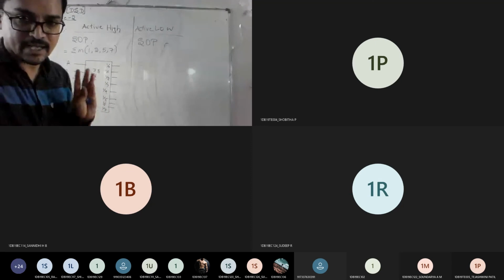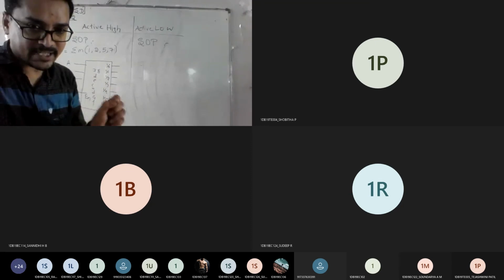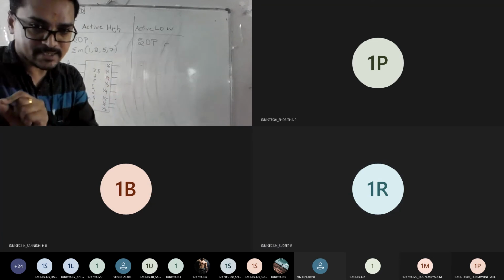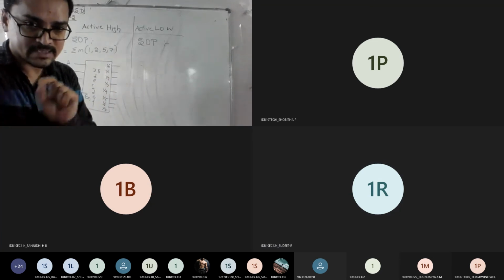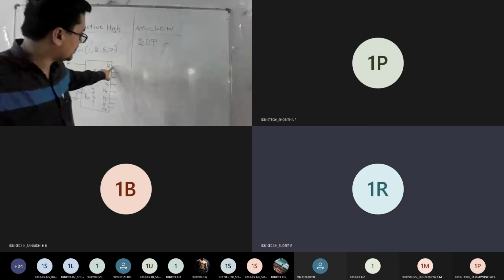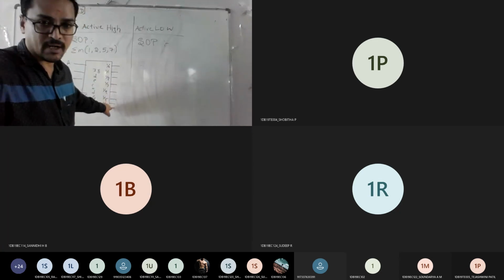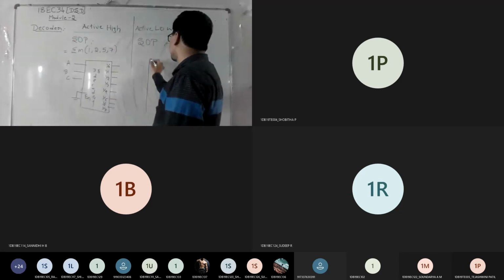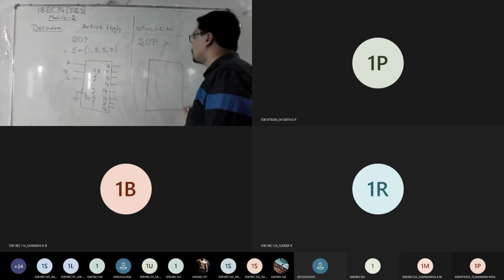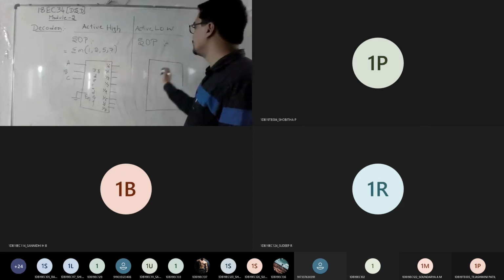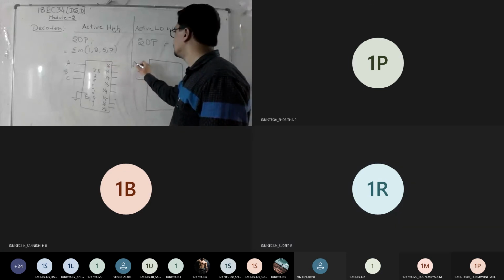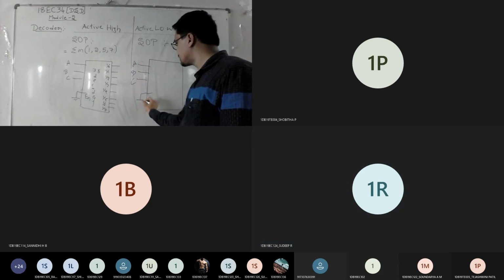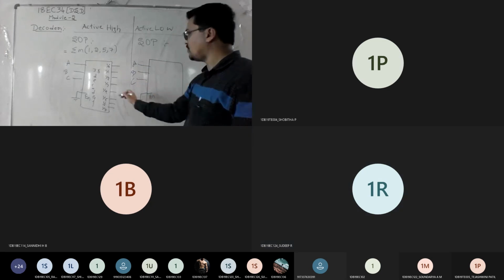If it is an active low concept, or implement using 74138 3:8 decoder, then you need to put a bubble here, meaning complement in your outputs. Same as for active high: A, B, C inputs, enable pin common ground.